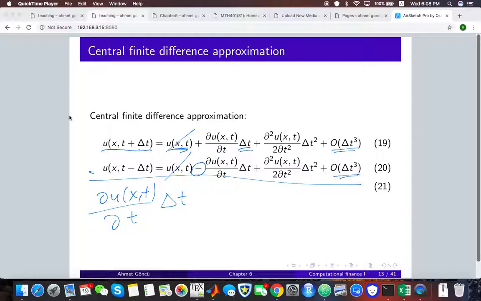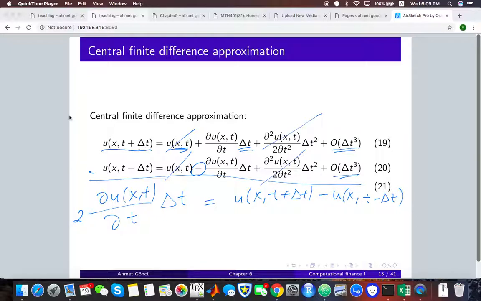Since we subtracted, you have this 2 in front. On the left hand side, we have u(x, t plus delta t) minus u(x, t minus delta t). And notice that this will cancel out.